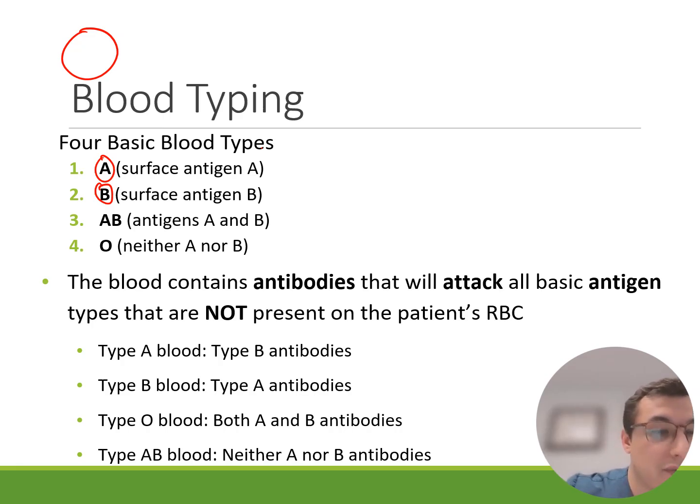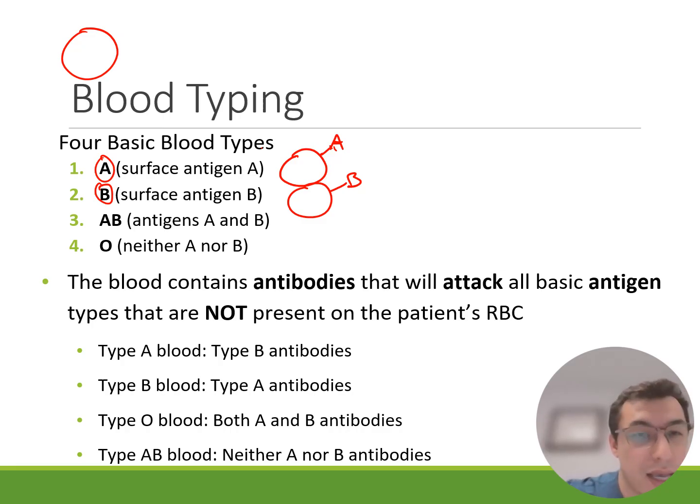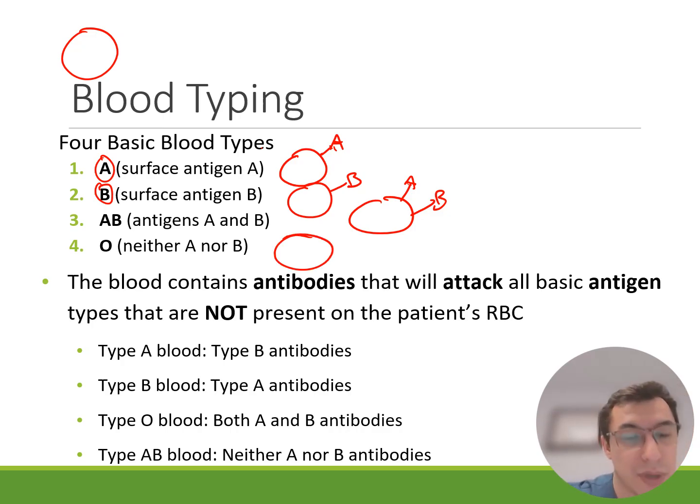A person that has type A will have red blood cells with surface antigen A. A person that has blood type B will have a red blood cell with antigen B. A person that has type AB will have a red blood cell with A and B. And a person that has O doesn't have any of the antigens present.